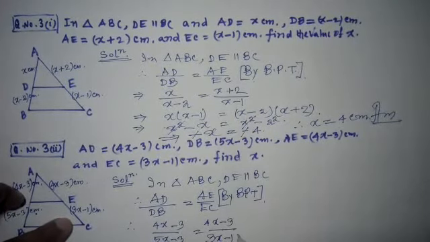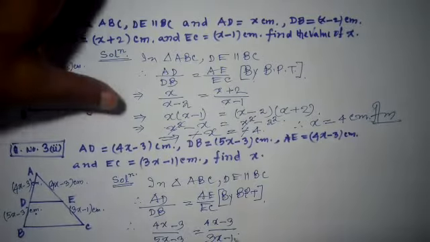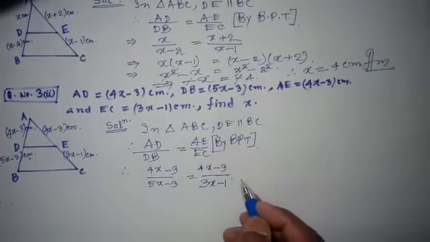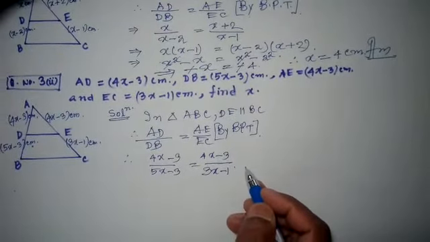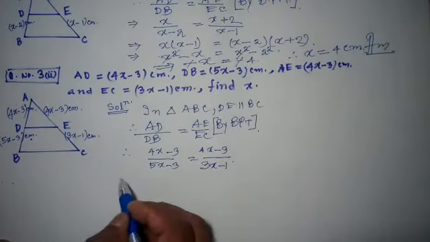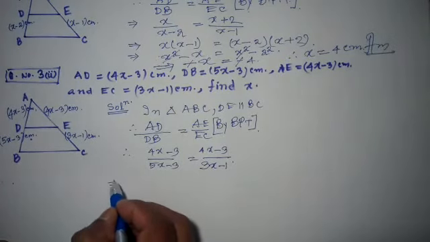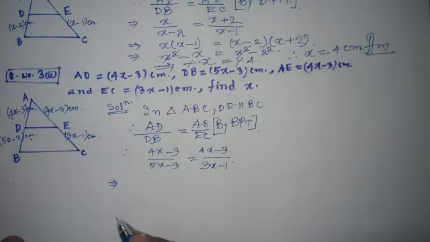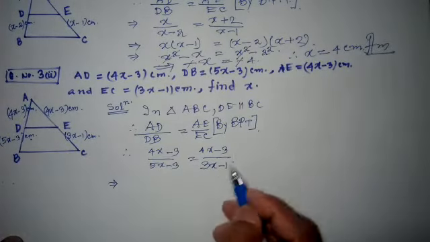And then we have to do the cross multiplication. So just do cross multiplication, or this side multiply or this side multiply, any side can multiply first. Let us multiply this side first.